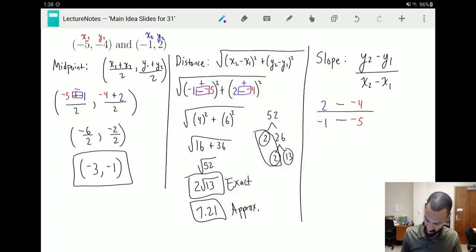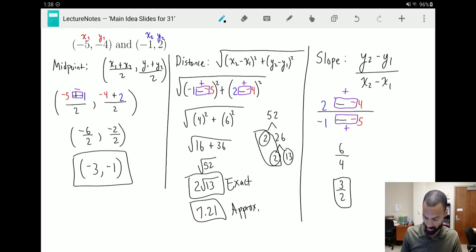Let's take care of our double signs here. That's a plus. That's a plus, so that's really just 2 plus 4, which would be 6. Negative 1 plus 5 is 4. Can I simplify that? Yes, they're both divisible by 2. That will give me 3 over 2.